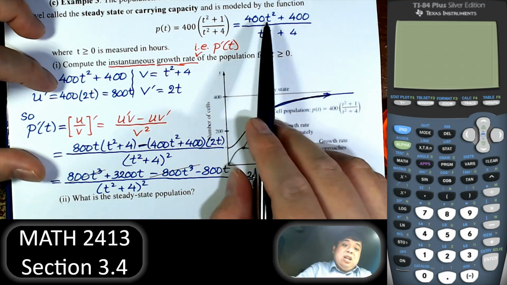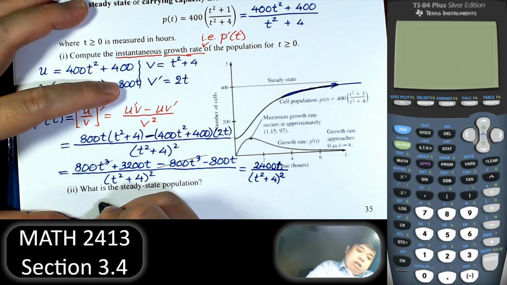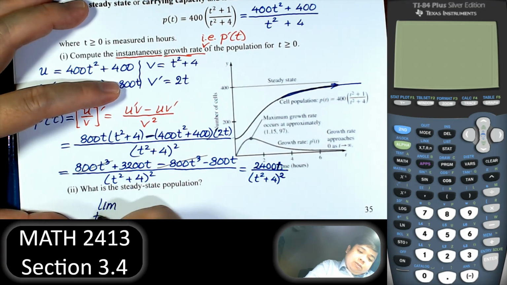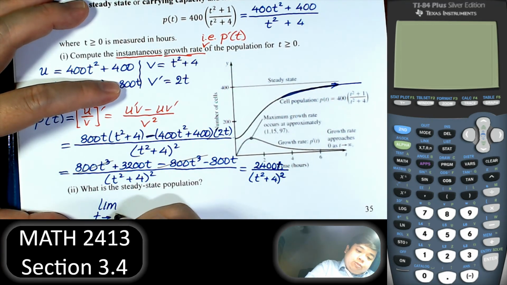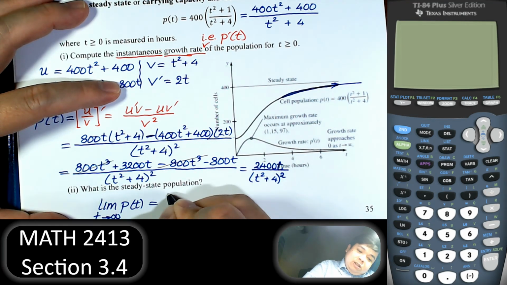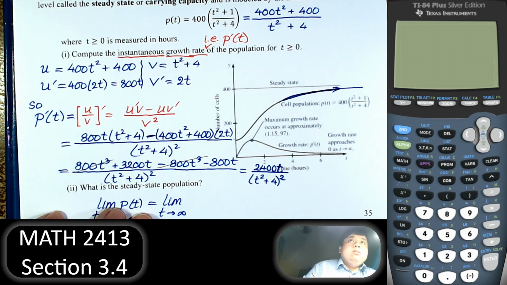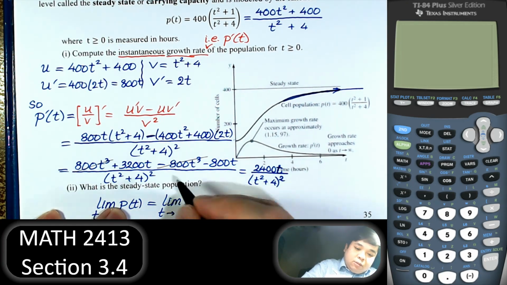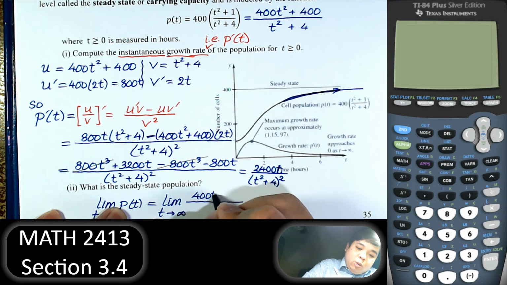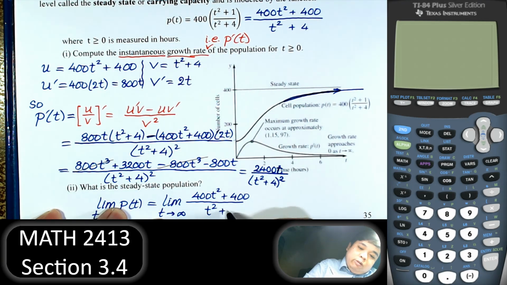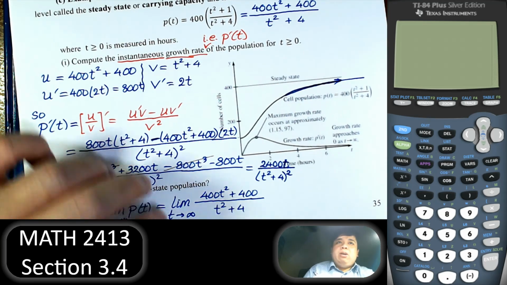Well, we just take the limit as t goes to infinity of the population function, 400t squared plus 400 over t squared plus 4.